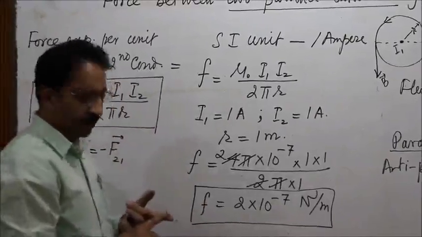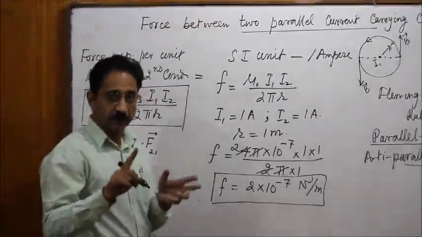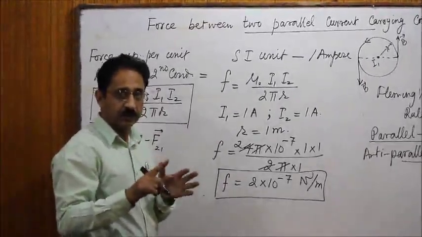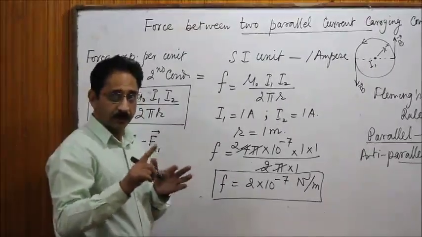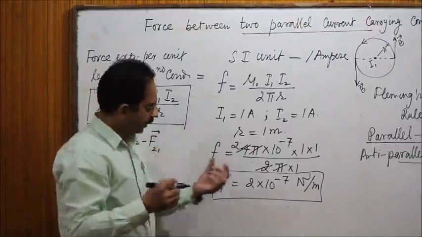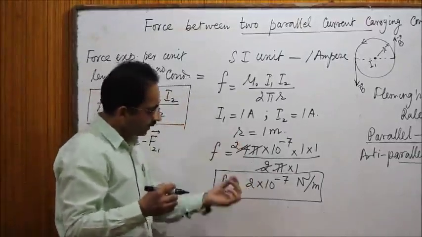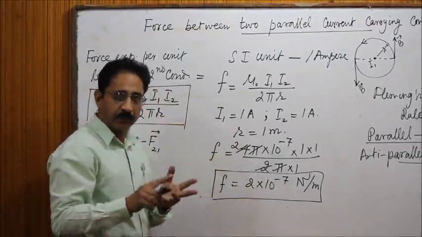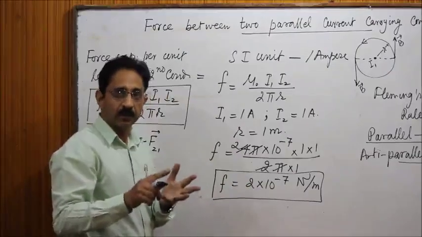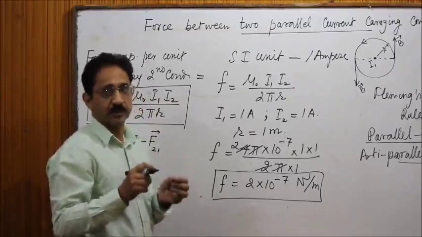That way, we have a definition for 1 ampere. A current of 1 ampere is said to be flowing through two conductors if they produce among themselves a force of attraction of 2 into 10 raised to the power minus 7 Newton per meter when placed in vacuum at a distance of 1 meter.